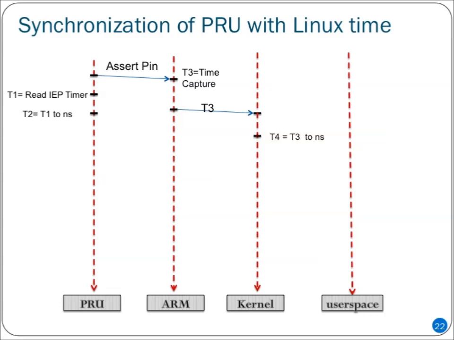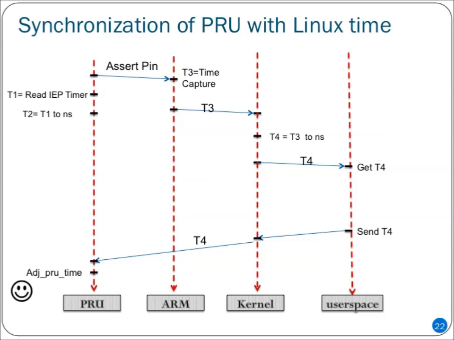We have a kernel module that converts this value to nanoseconds. Then we send this value to the user space. Now the user space will send this T4 back to the PRU. Now the PRU has two values, T4 and T2, the two timestamps of this common event. Now the PRU can compute and adjust the time.